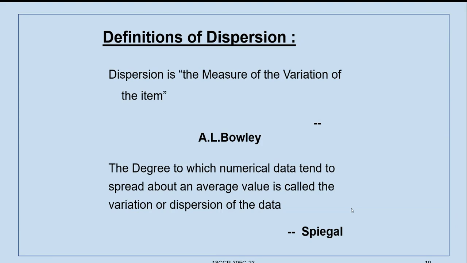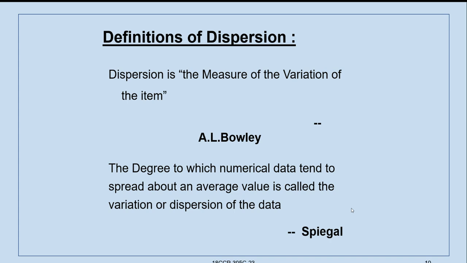We will see some definitions. As per A.L. Bowley, one of the famous statisticians, dispersion is the measure of variation of the items. Measures of the variation: how wide or how close the data is scattered, and so on. Another definition, given by the statistician Spiegel, is the degree to which numerical data tend to spread.